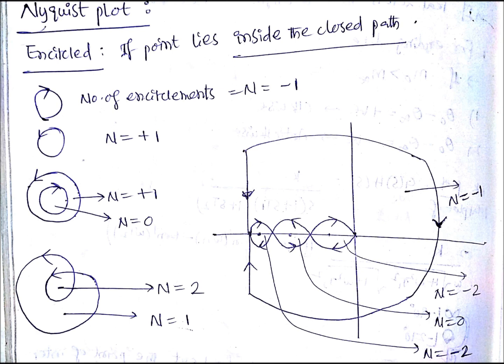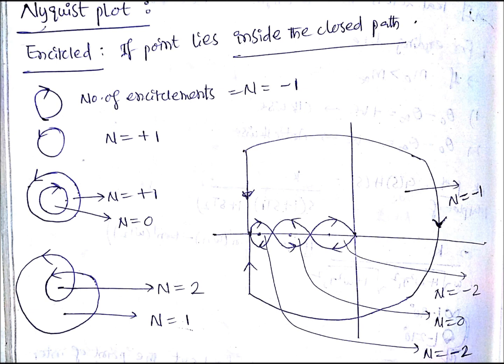Then for a typical Nyquist plot, how do we identify these things? These encirclements are very important, because for deciding stability in the case of a Nyquist plot you need to know them. Here I have shown, as an example, a Nyquist plot for some general function.